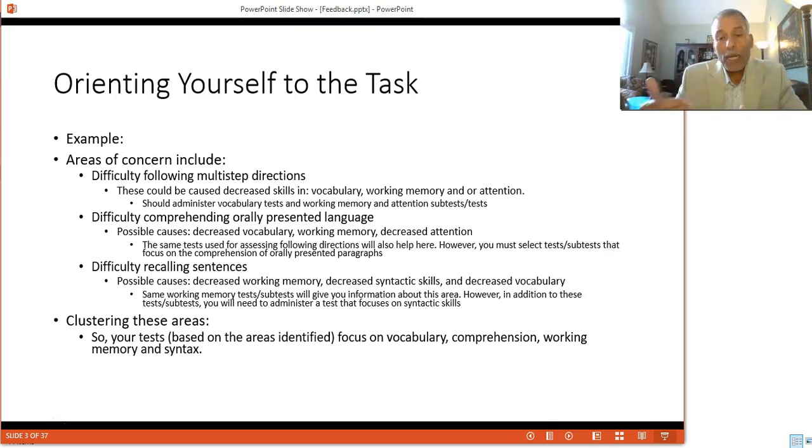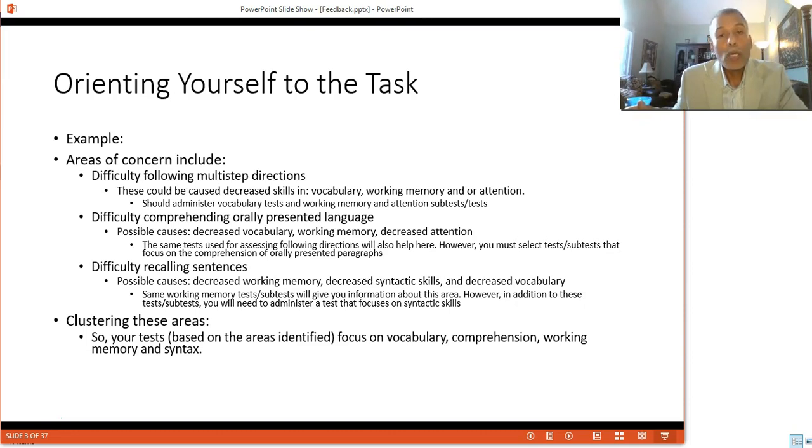So if someone hasn't yet internalized the grammatical rules of the language, that person will look as if they have a very decreased immediate sentence recall. So that is an important thing to keep in mind.